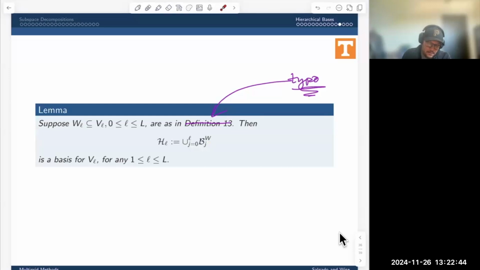If I union over all of those basis elements, not just at level L, but all the way from level 0 up to level L, then that gives me this new object called HL. And it turns out this, amazingly, is a basis for VL.